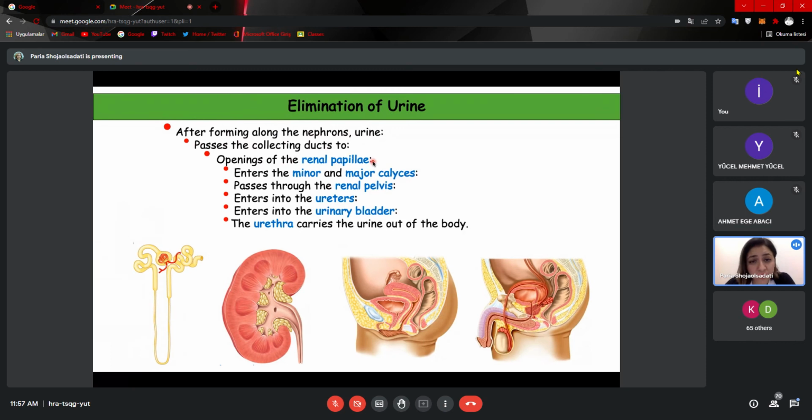After that, through different foramina on the renal papilla, the urine is transferred to the minor calyx, then to the major calyx, then to the renal pelvis, goes through the ureters, and is transferred to the urinary bladder. After that, the urethra carries the urine out of the body. It's the pathway through which urine is transferred out of the body.